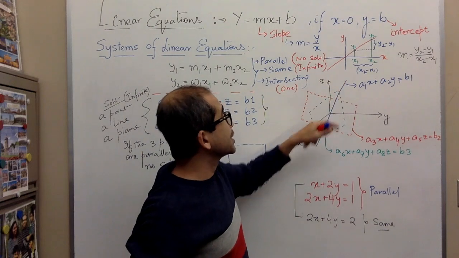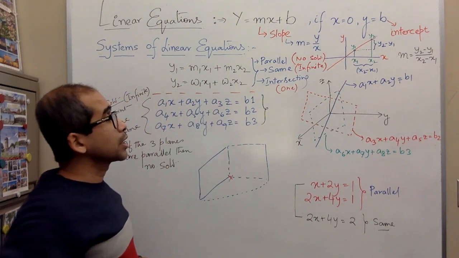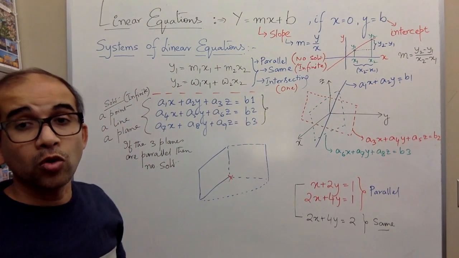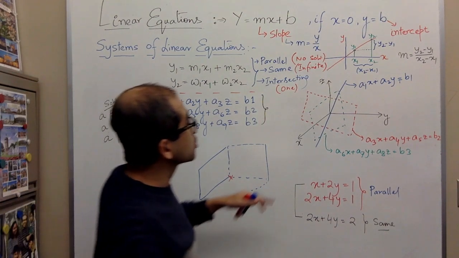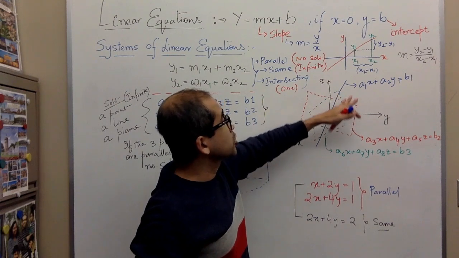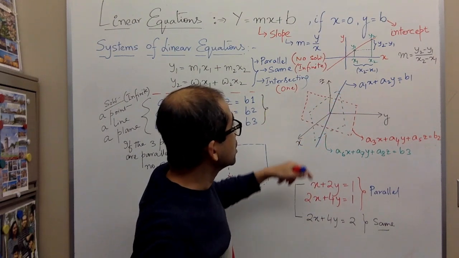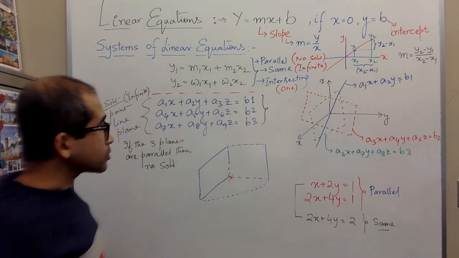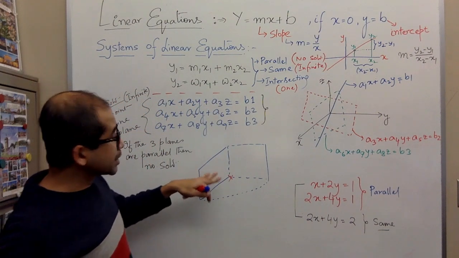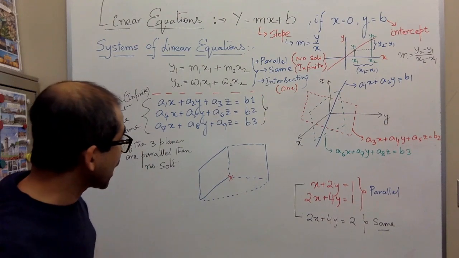But the blue one is a line where a1 x and a2y are there, but no corresponding z variable. So in that case there will not be the third dimension, and it will only be a line. So they will meet at a particular point.